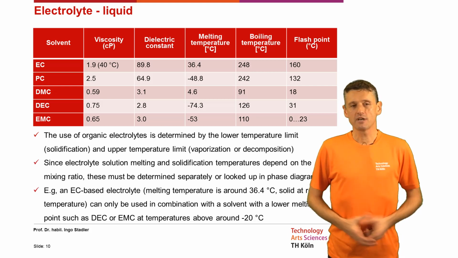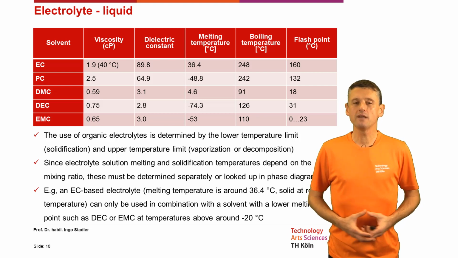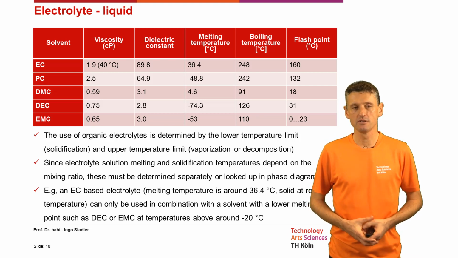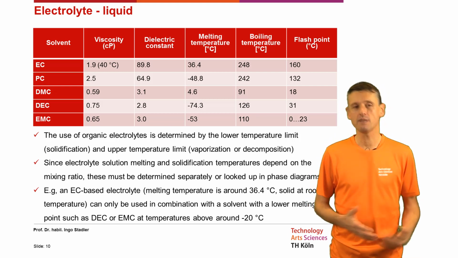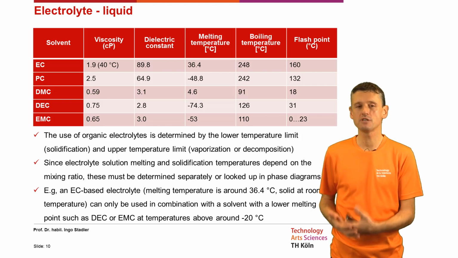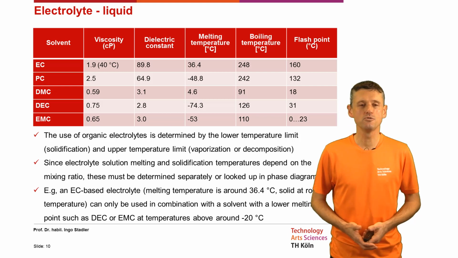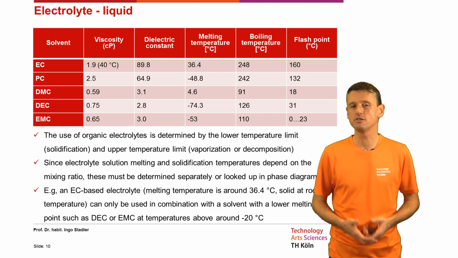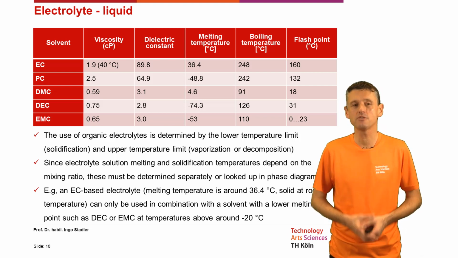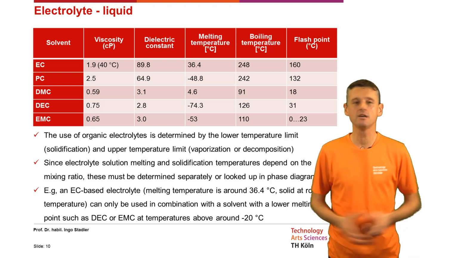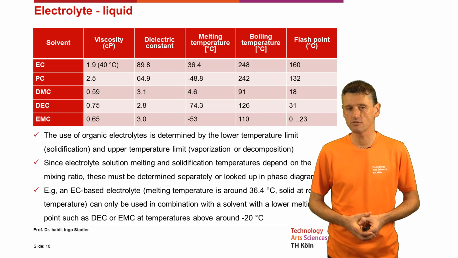The use of organic electrolytes is determined by the lower temperature limit, solidification, and the upper temperature limit, which is the vaporization or decomposition limit. Since electrolyte solution melting and solidification temperatures depend on the mixing ratio, these must be determined separately or looked up in phase diagrams.